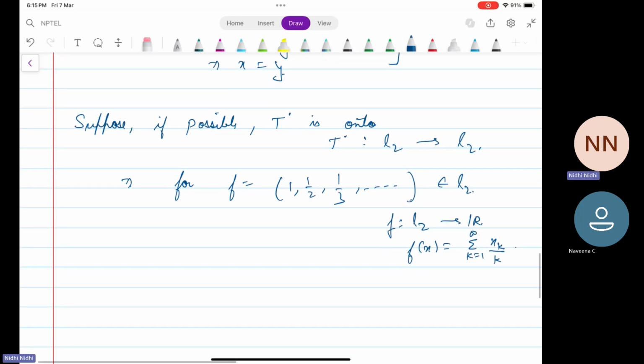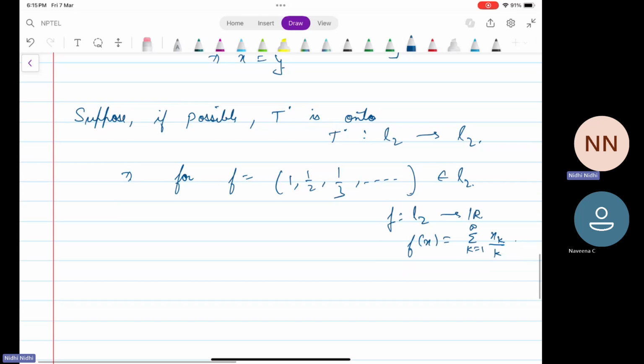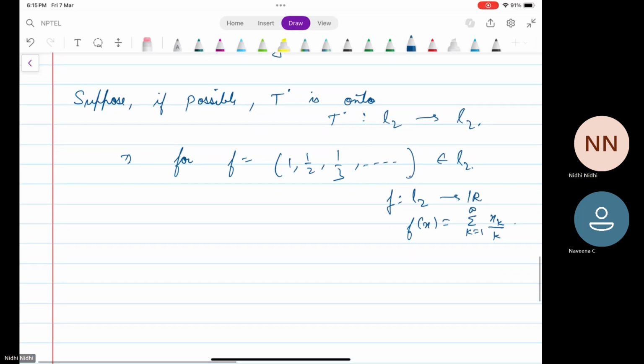So for this f in l2 star, there exists some g in l2 star such that T star g is equal to f.